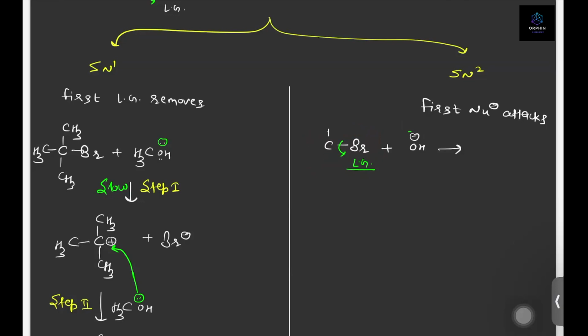So when a bond is formed, there must be an anti-bonding also, and the anti-bonding lobe is always opposite to the bonding. So if the C-Br bond is like that, then its anti-bonding is just opposite.